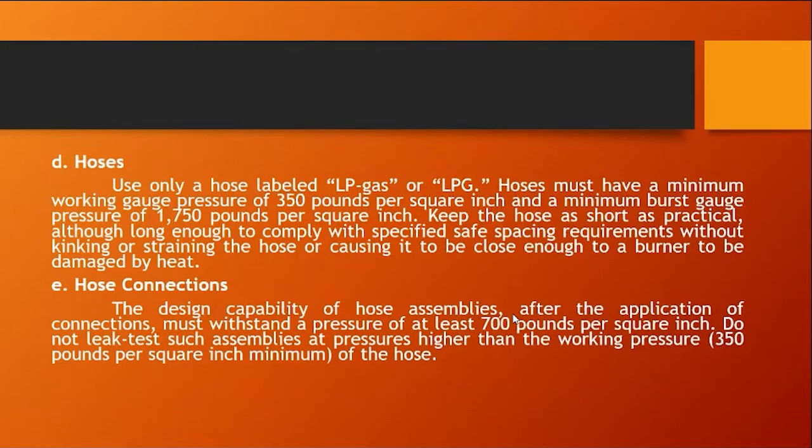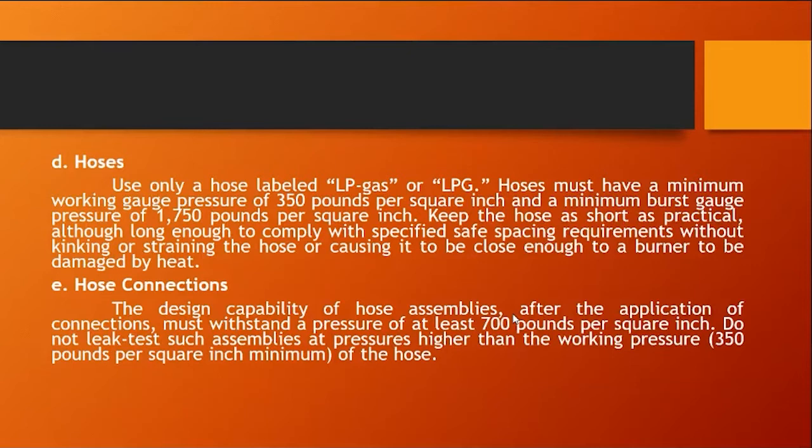Hoses must have a minimum working gauge pressure of 200 pounds per square inch and a minimum burst gauge pressure of 1,750 pounds per square inch, keeping the hose as short as practical, although long enough to comply with specified safe spacing requirements without kinking or straining the hose, or causing it to be close enough to a burner to be damaged by heat.